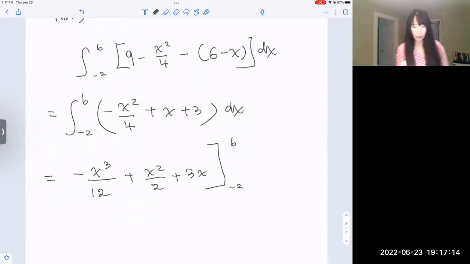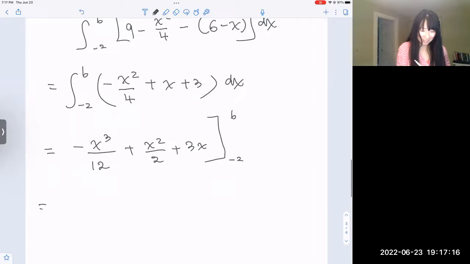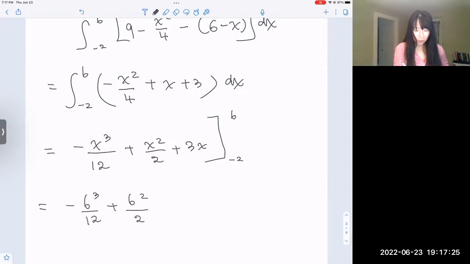Now, please, I need your help. Negative 6 to the third power over 12, plus 6 squared over 2, plus 3 times 6, and minus, another negative there. Professor Lee, why 12?